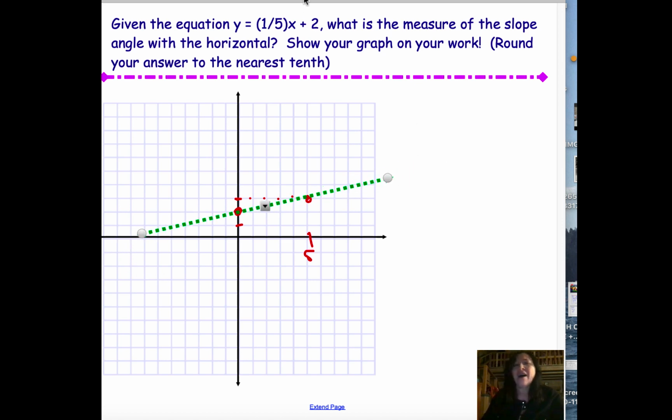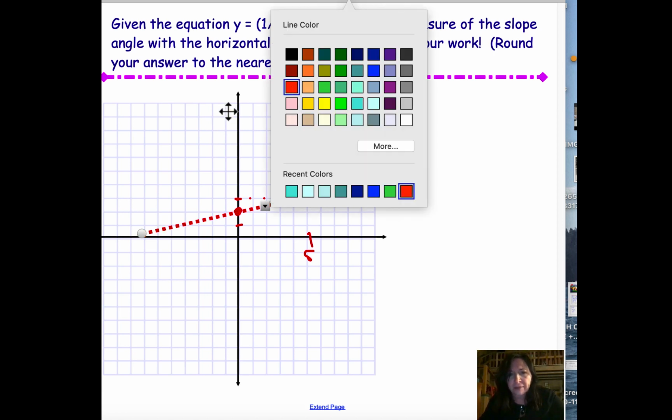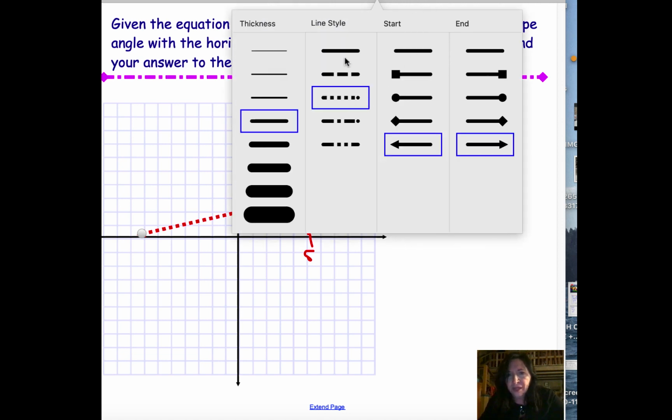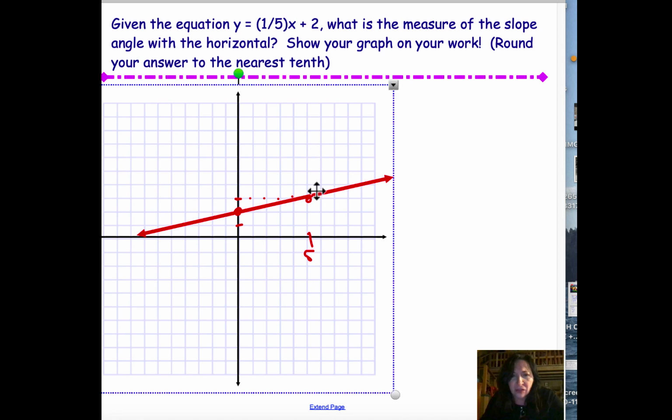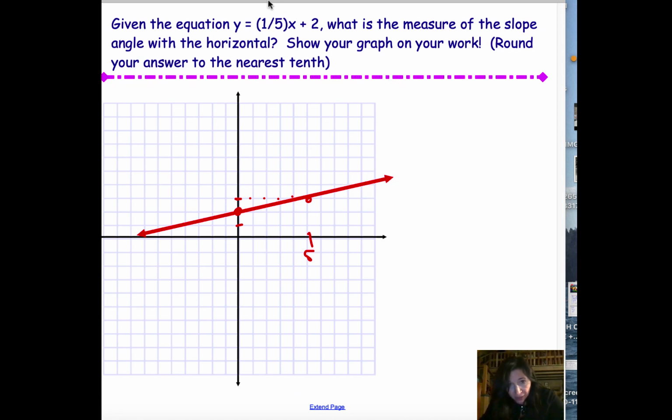There we go. So what you want is for your graph to go through there. There's my line. I'm going to make that a red line and a solid line. And so I have that line. That's the line equation.